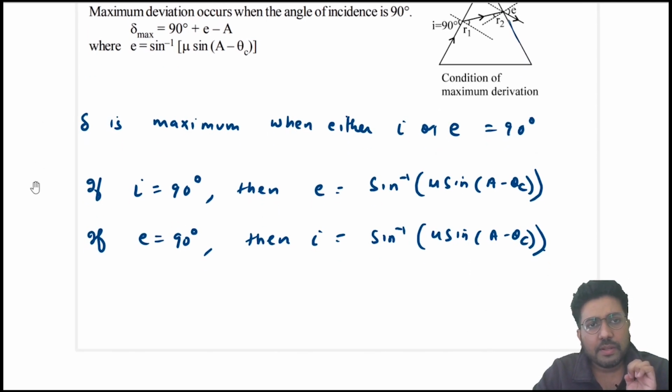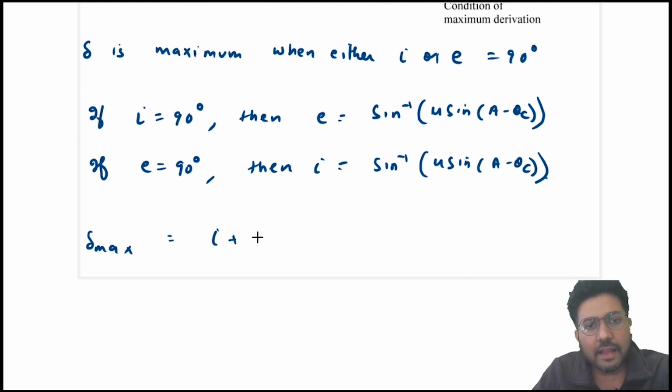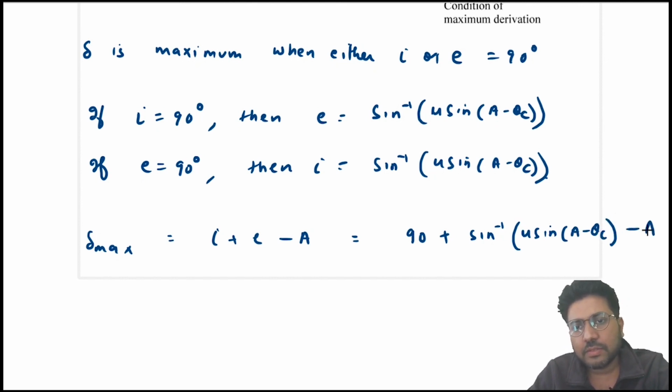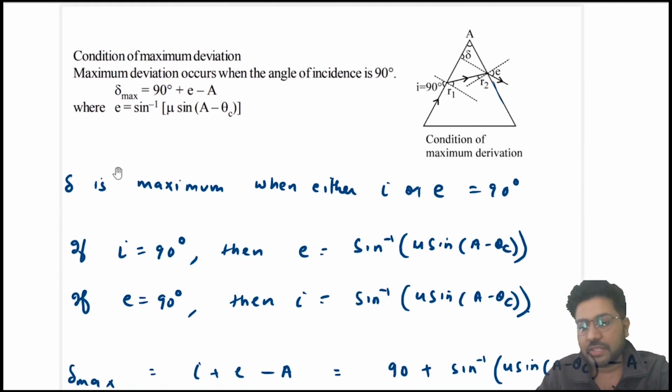So now delta max will be equal to I plus E minus A, and either I or E will be 90. If I is 90, then E will be sine inverse mu sine A minus theta C, minus A. So this is the maximum deviation angle that you can get from a prism.